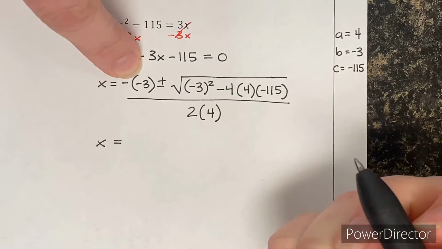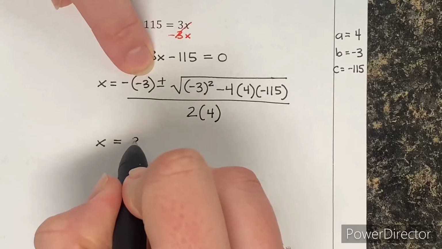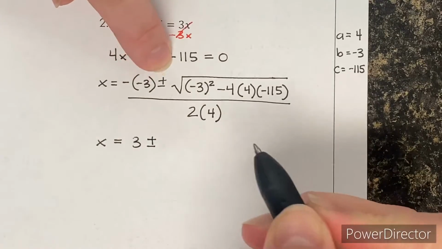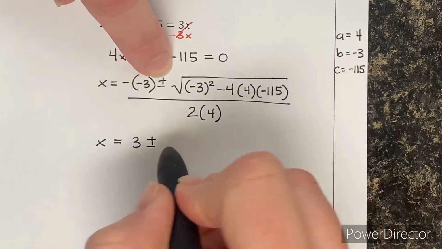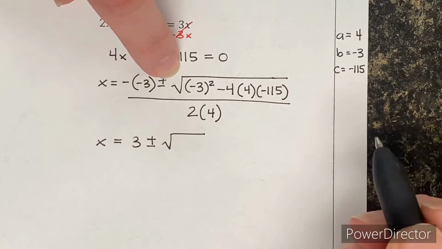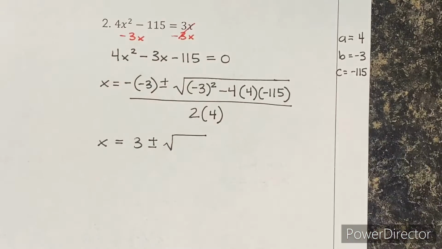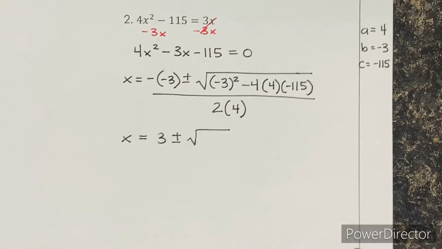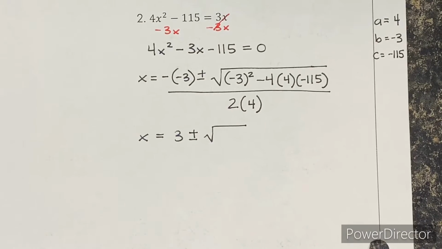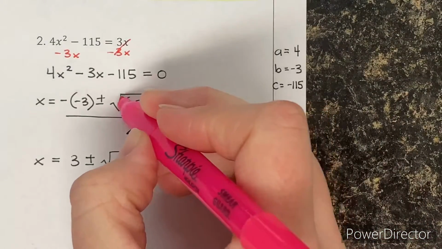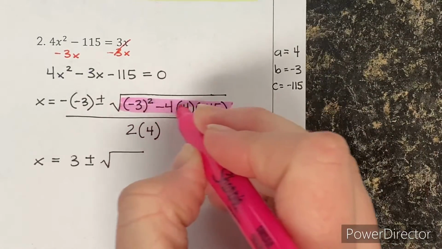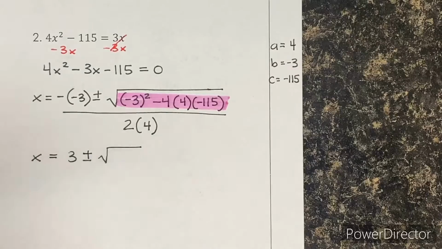This is negative 3, so that's going to turn into a positive 3. I bring down my plus or minus, and I'm also going to bring down that square root. So when I type this into my calculator, I'm actually only going to type in the stuff on the inside of this square root, underneath.